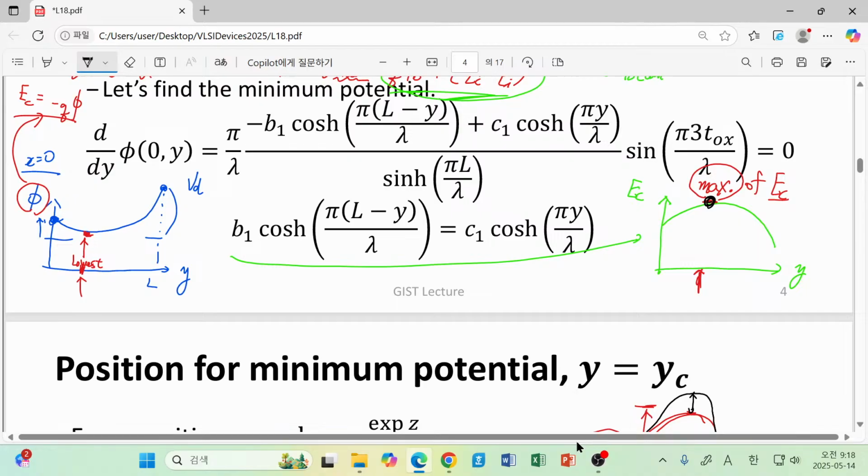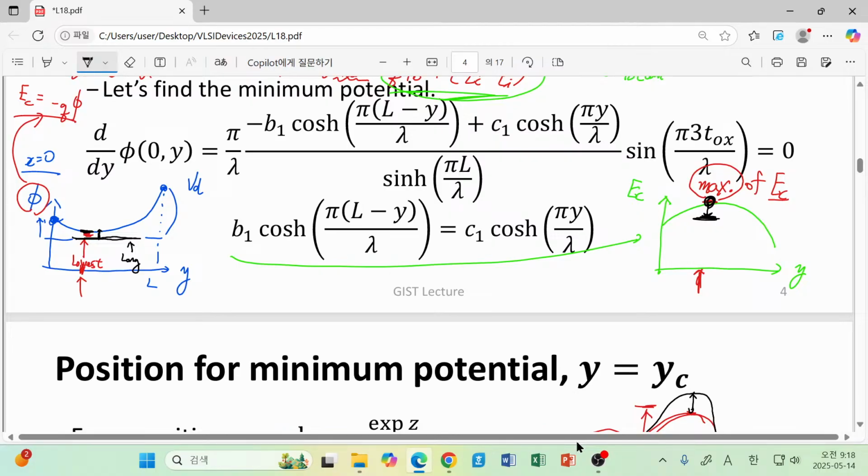And as you can see, compared with this long channel value, this is corresponding to the long channel approximation. And now our potential value can be increased. It means that our maximum value of EC, the overall barrier, can be reduced.